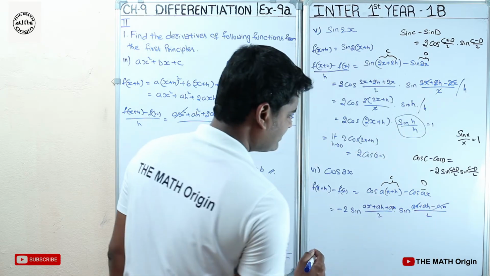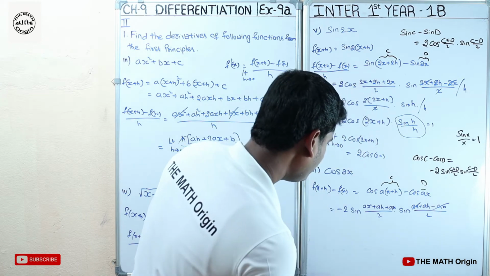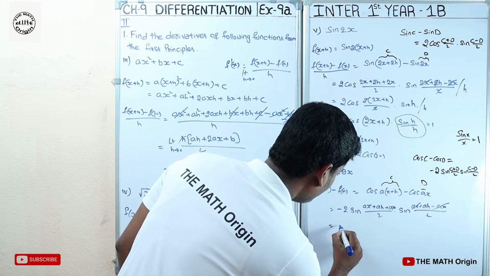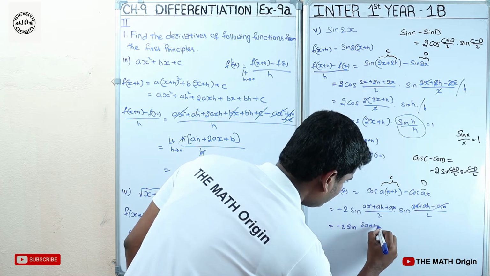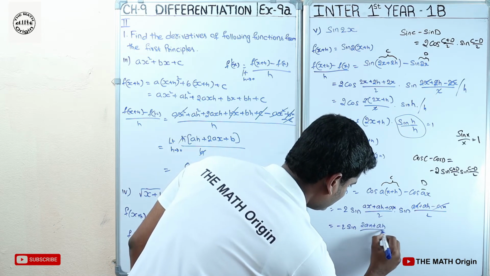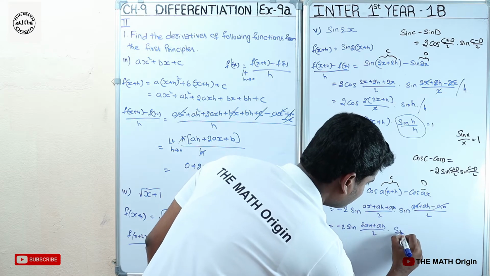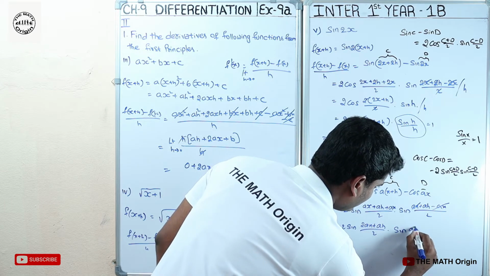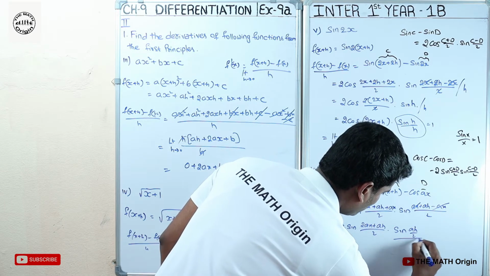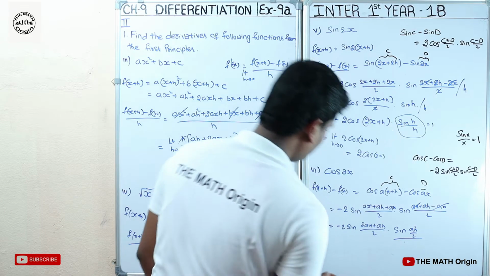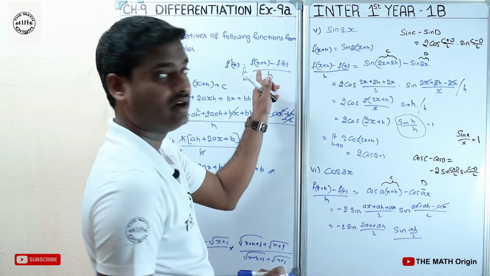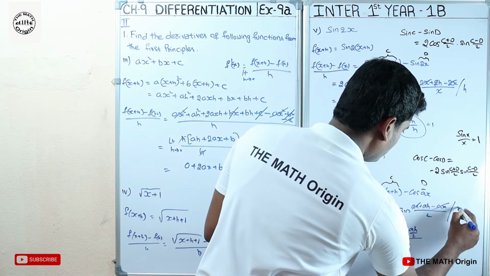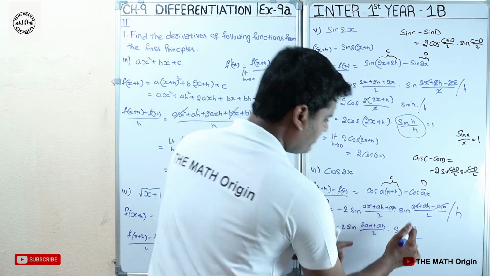Minus ax plus ax is cancelled. From here also, minus 2 sin of (2ax plus ah) by 2 into sin (ah by 2), whole divided by h, because according to the formula we will be having h.